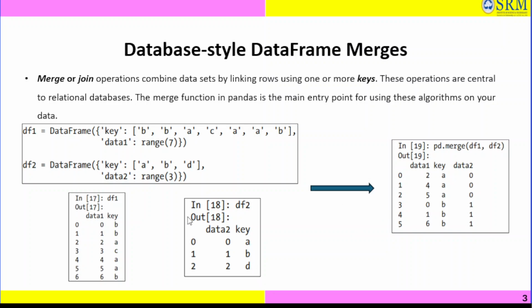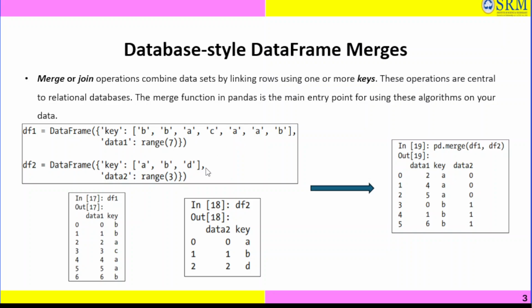So if you are merging these two data frames by using the merge function, pd is the pandas alias name, pd.merge of df1 comma df2. If you are merging df1 and df2, we can get this output. That means these two data frames are merged with the common key values.